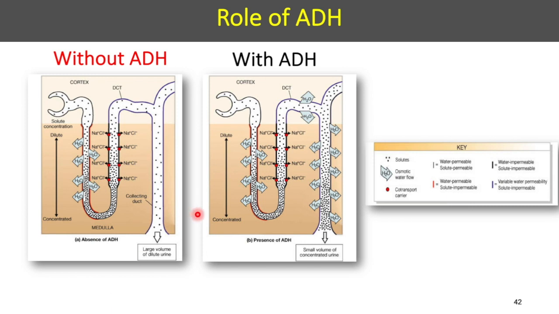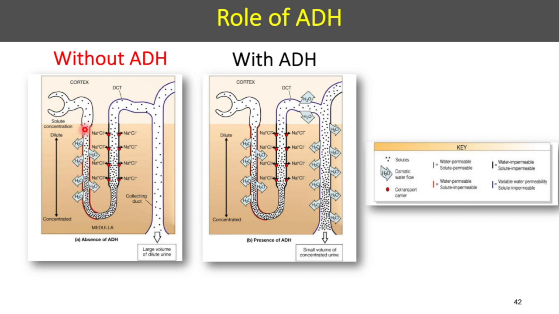This figure illustrates the importance of ADH in urine production. In the first situation, which is a hypothetical situation where our body does not produce ADH, or in the case of diabetes insipidus, the tubules that are permeable to water without ADH are the proximal tubule and thin descending tubule only.